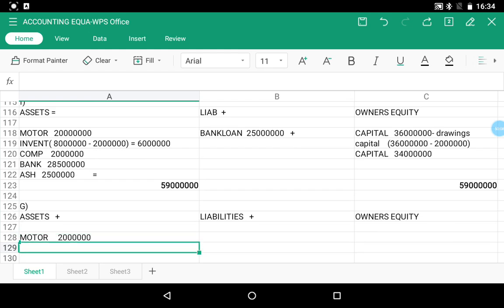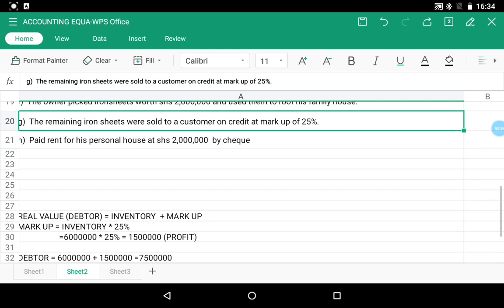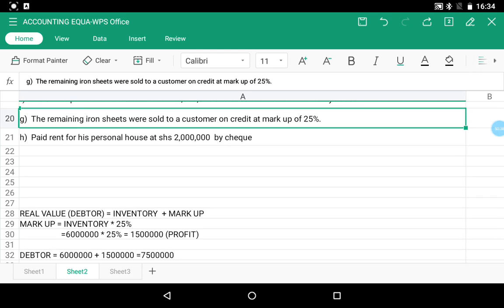Inventory, this time we don't have inventory because it was sold. And we said it was sold on credit. That means today we have debtors. We have calculated the amount they sold it for, and we have said this debtor took goods worth 7.5 million.